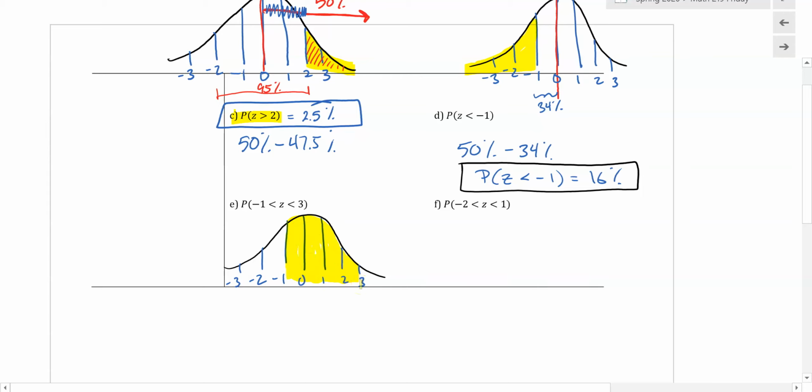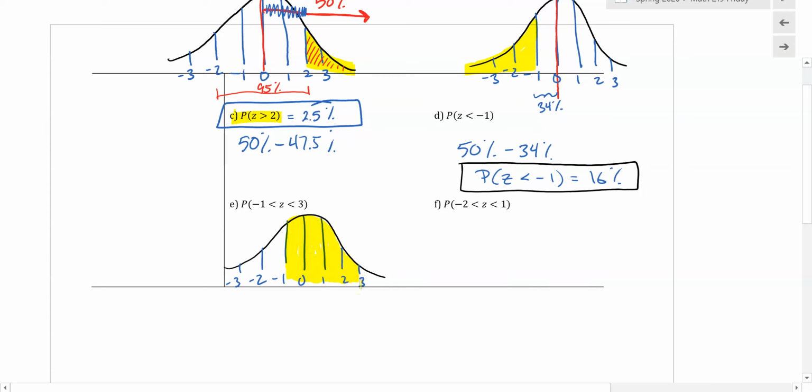Okay, so I'm just going to take what we've already learned. What I want to do is get only the yellow region. I want to exclude these regions. Well, what is the total area under this curve? Isn't the total area there 100%? Right?